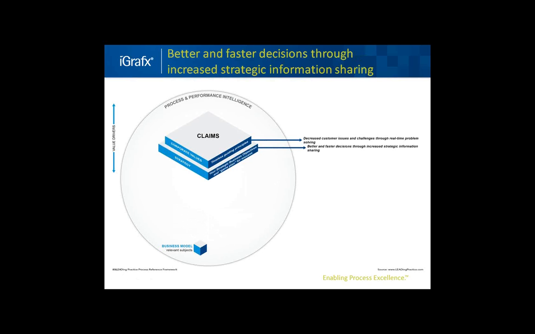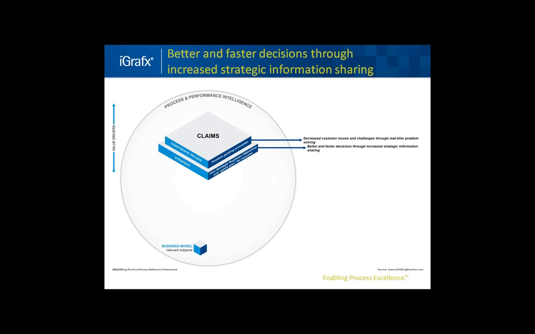Then you have links between claims and strategy. What kind of links could that be? That's better and faster decisions through increased strategic information sharing. So insurance organizations today don't only want information of their operations, they want to know how does it happen, how do we handle it, what's our better and faster decisions through our information sharing of what we are doing in the claims.